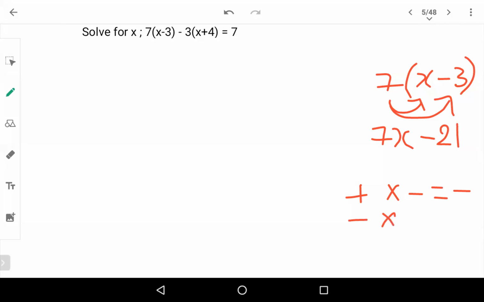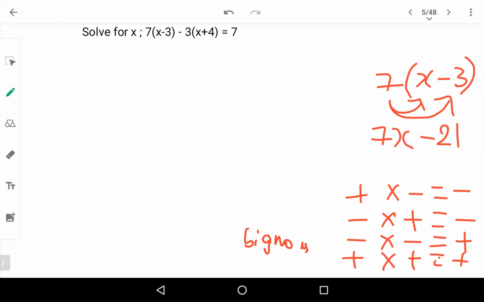Minus into plus is also minus. Minus into minus is equal to plus. Here also, if the bigger number has minus, then you can take it as minus. That we will see in the problem. Plus into plus is equal to plus.